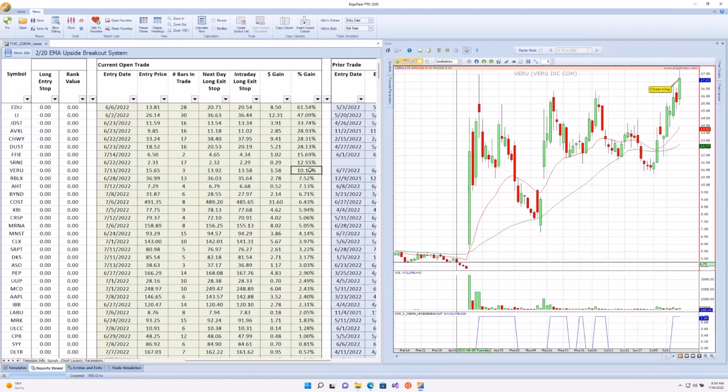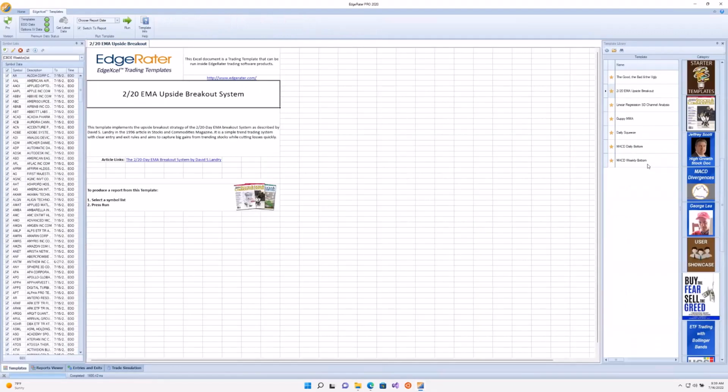Also, don't forget that this has been run on the list of stocks that have weekly options. And so if you are using option strategies with this, then your returns will not just be the percentages that are shown here. Now, if you're interested in what those returns could have been, don't forget the templates.